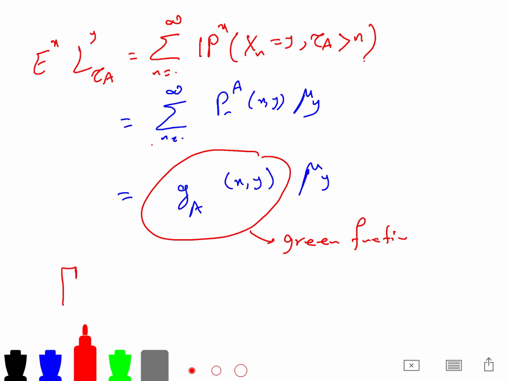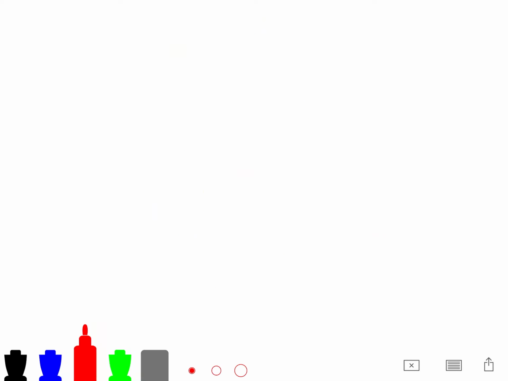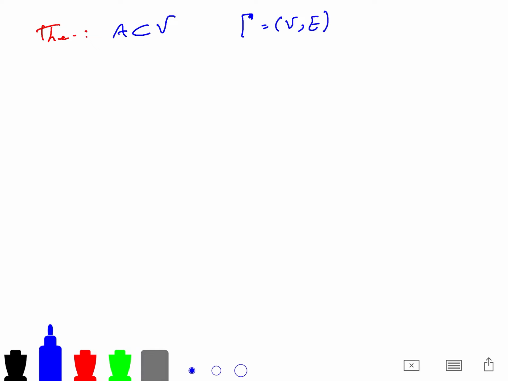And if your graph is recurrent, then G(x,y) is infinity. There is an important theorem that we should always think about.